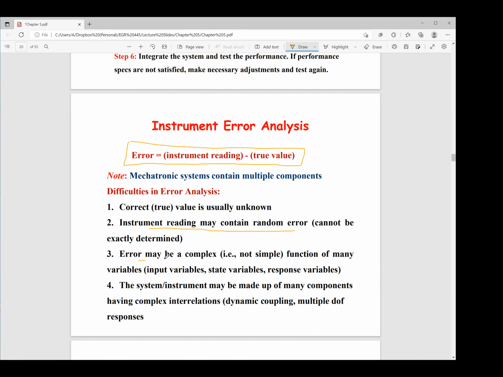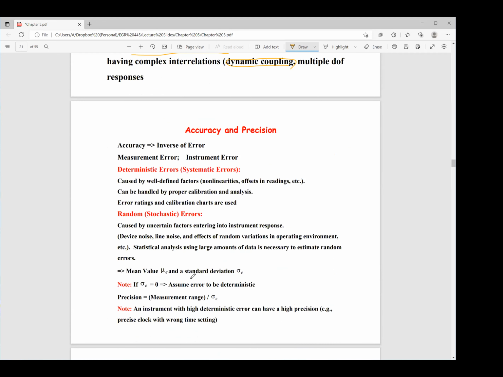Many a times the error may comprise multiple input variables, state variables, response variables. And the system may be made up of many components with complex interrelation, so there could be dynamic coupling, multiple degrees of freedom response, and so on.